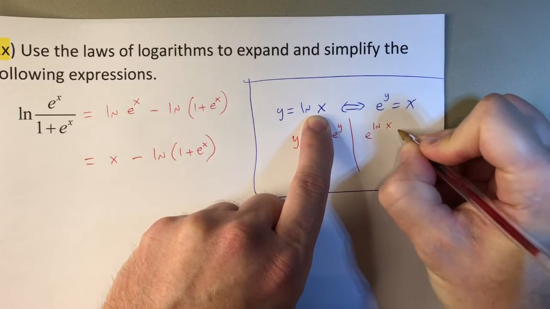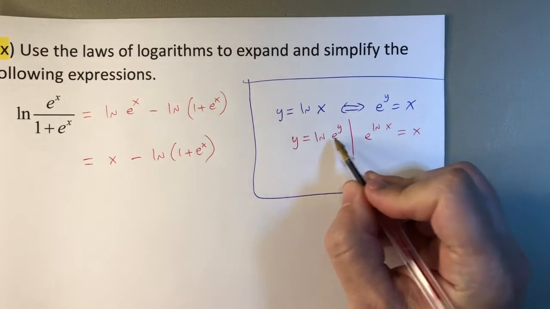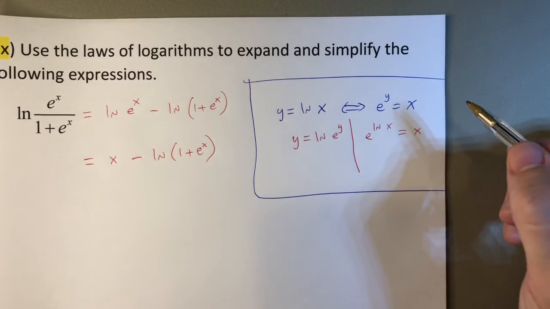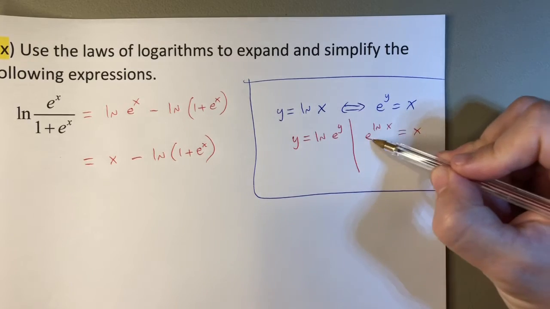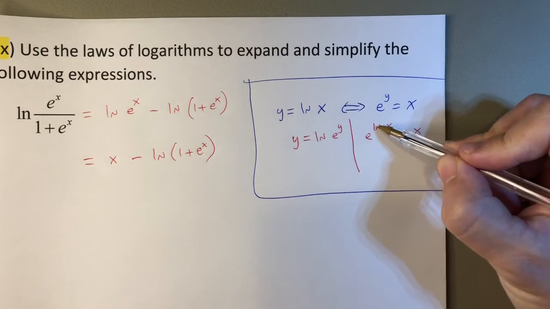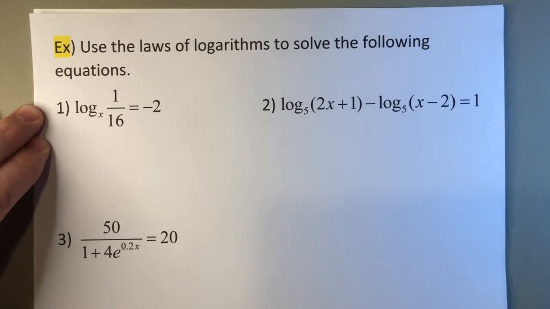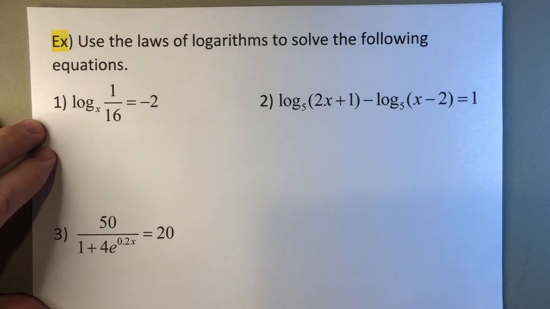Natural logarithm of x must be equal to x. So these are inversely related, okay? The natural logarithm and the base e, they're inversely related. So you're just going to get, in this case, the exponent, and in this case, whatever you're taking the natural logarithm of.